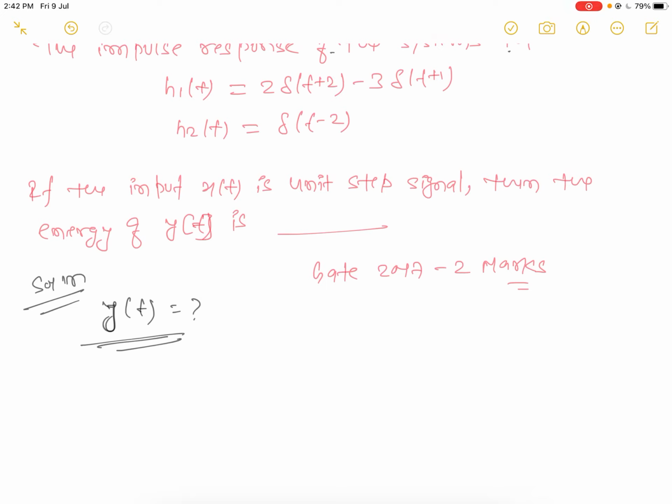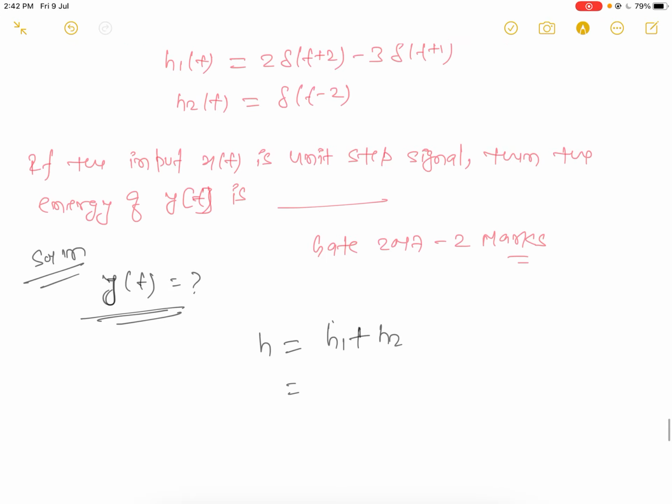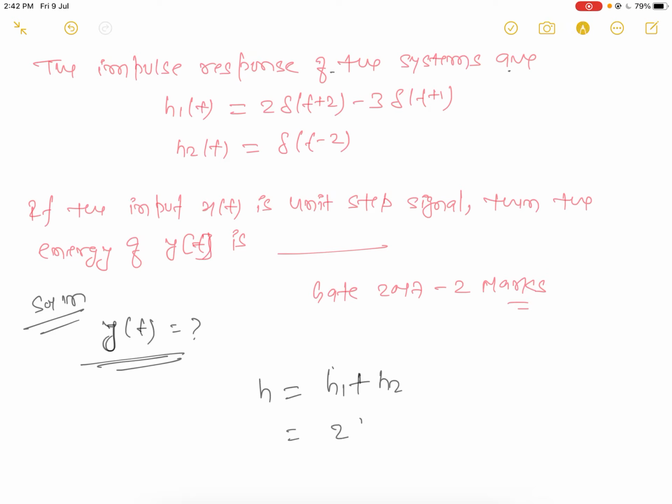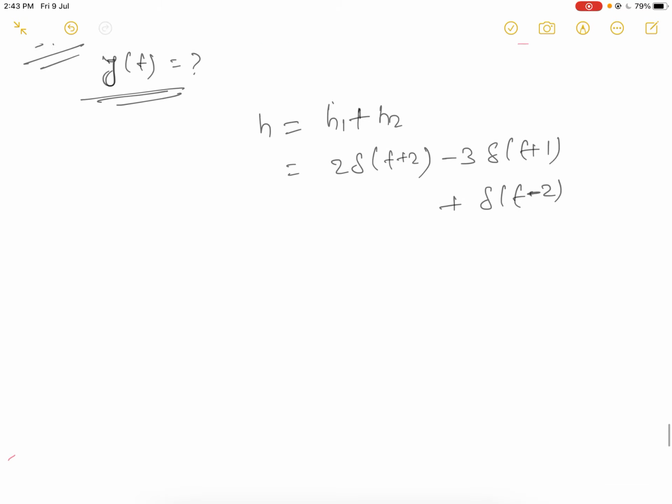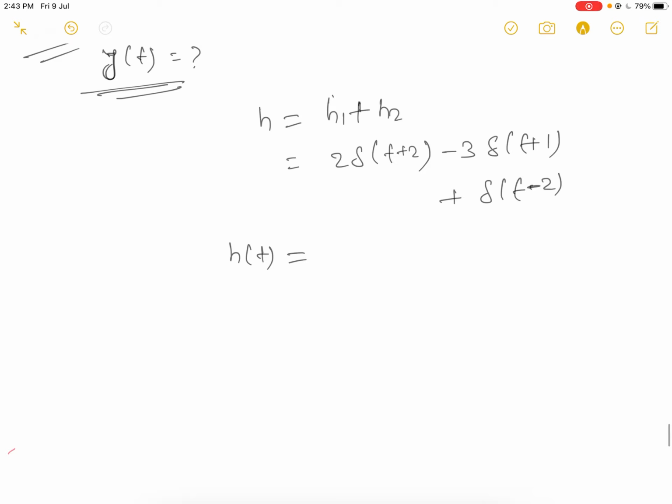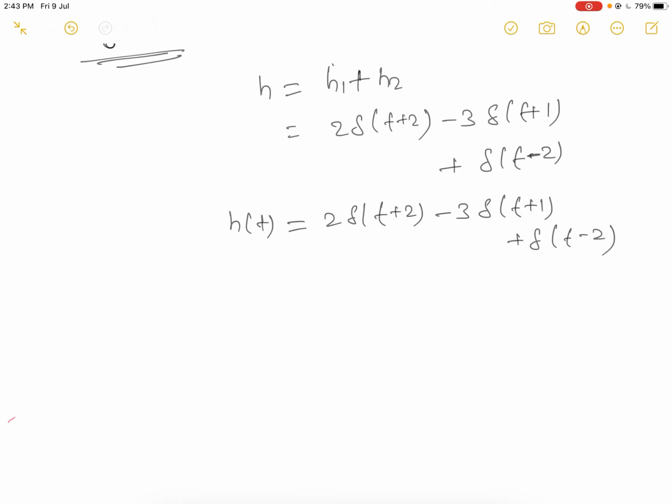After adding, we get h, the new resultant system, which is h1 plus h2: 2δ(t+2) − 3δ(t+1) + δ(t−2). This is the resultant after combination of both systems. This one is h(t).